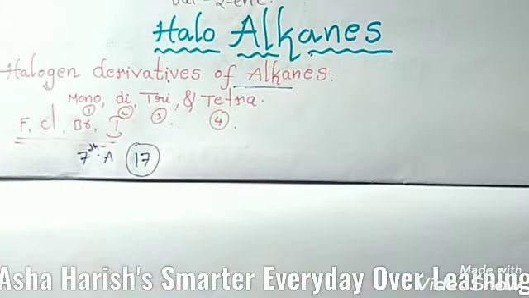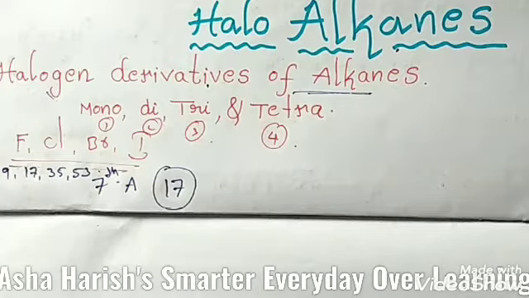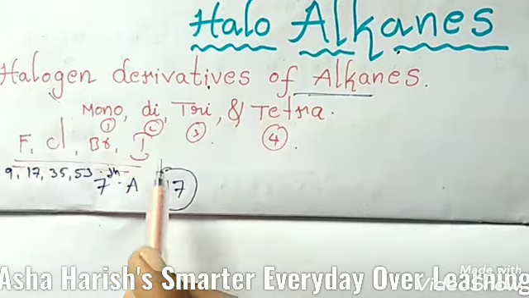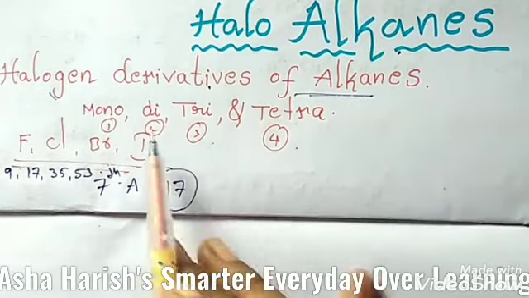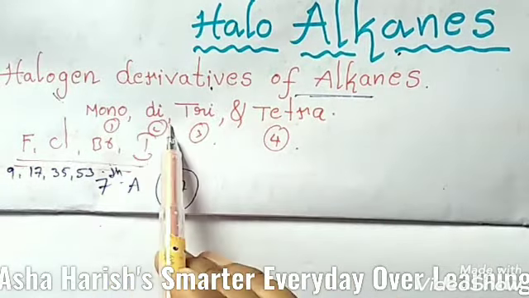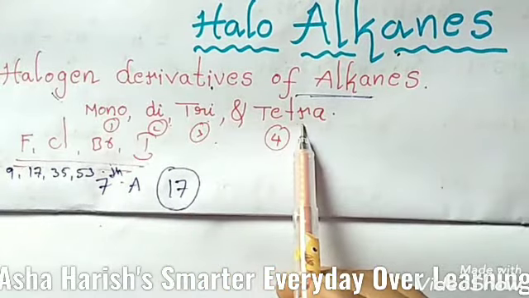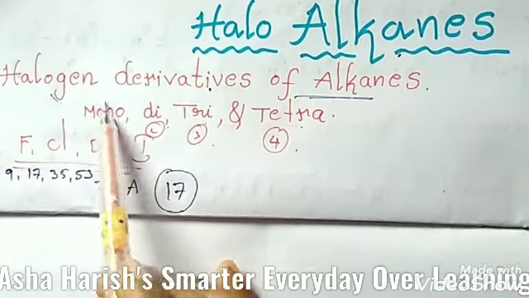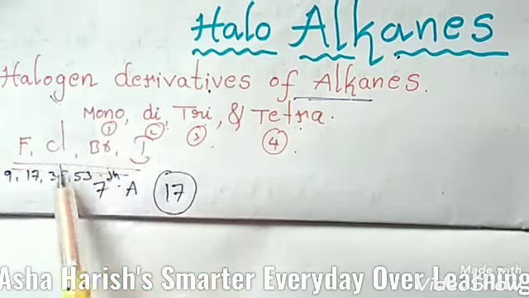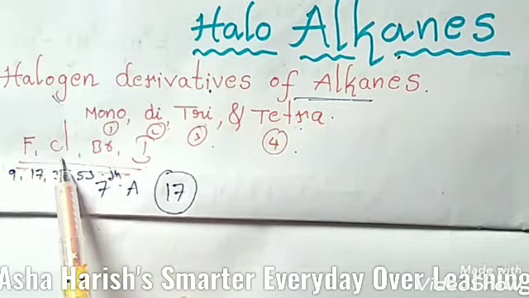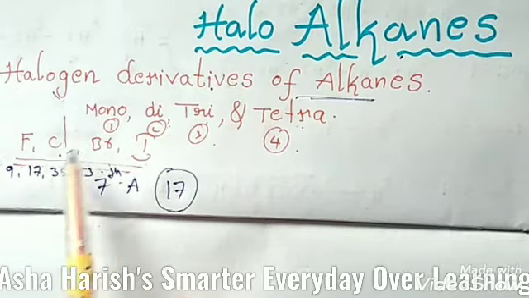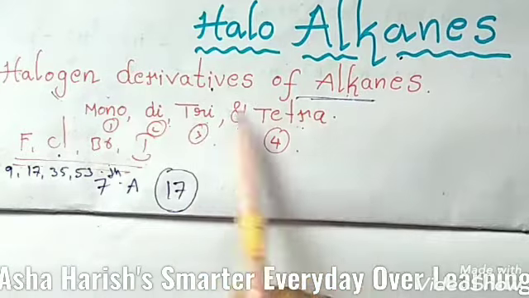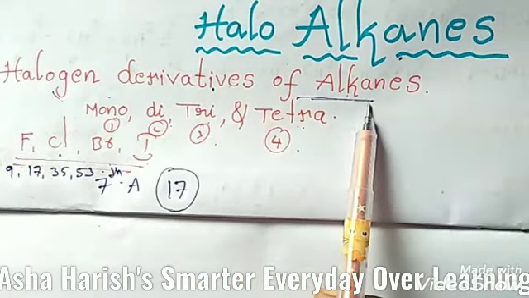Here students, based upon the halogens, such as fluorine, chlorine, bromine, iodine, these can be classified into these categories: mono, di, tri and tetra. If in a compound only one halogen element is present, that is called a mono derivative of alkane.